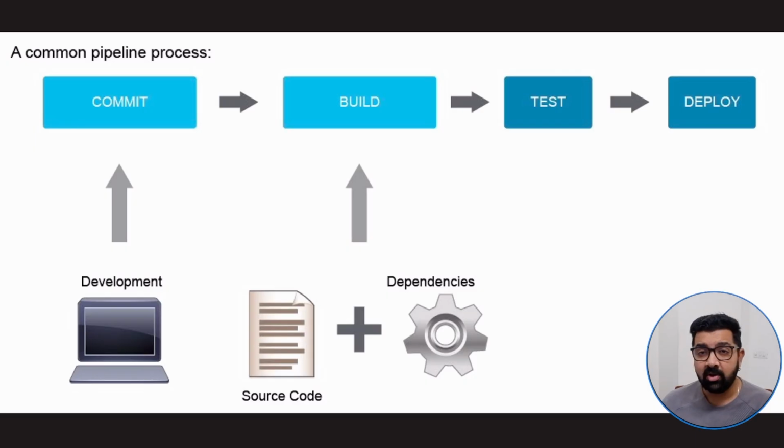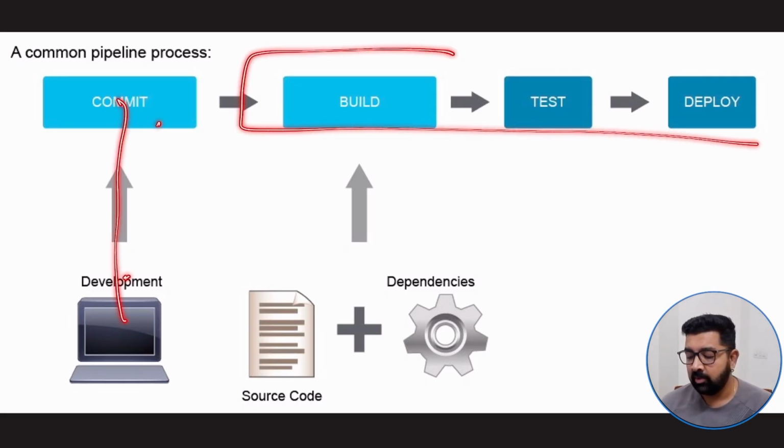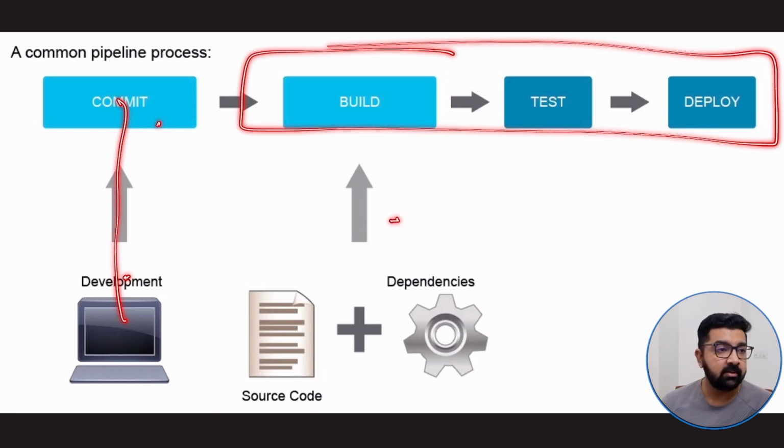Now, whenever I write a script as a developer, I will locally commit it, and then I'm going to build an entire workflow to first create that development, then test whether that development is working fine or not, and if it is working fine, only then deploy it on my production environment.